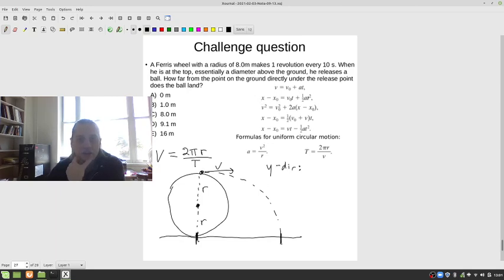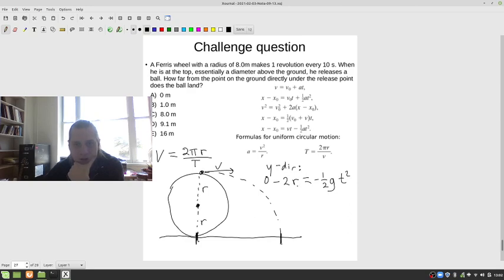Let's just use this directly. The final position of the ball would be 0 minus the initial position of the ball, 2r, equals v_y times t, which would be 0, minus 1/2 g, let's have g as a positive number there, t squared.